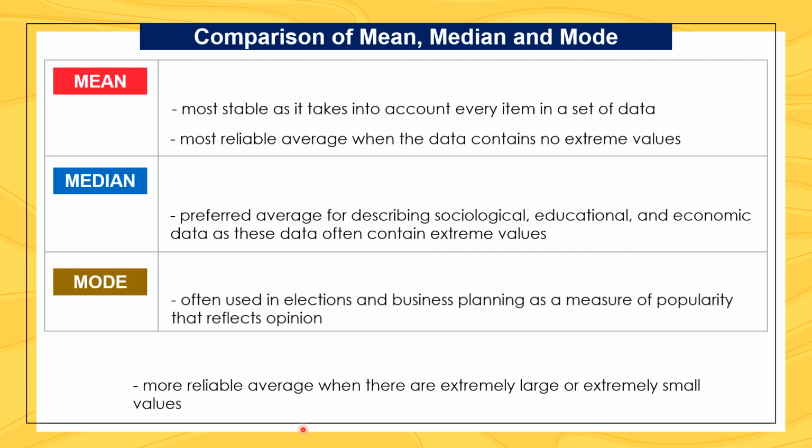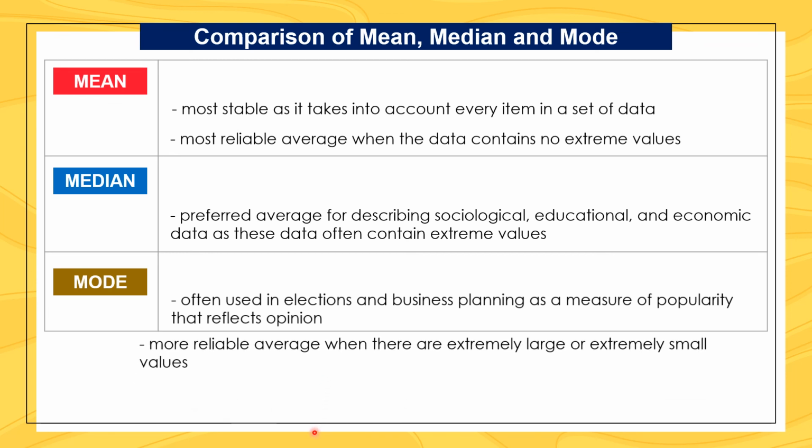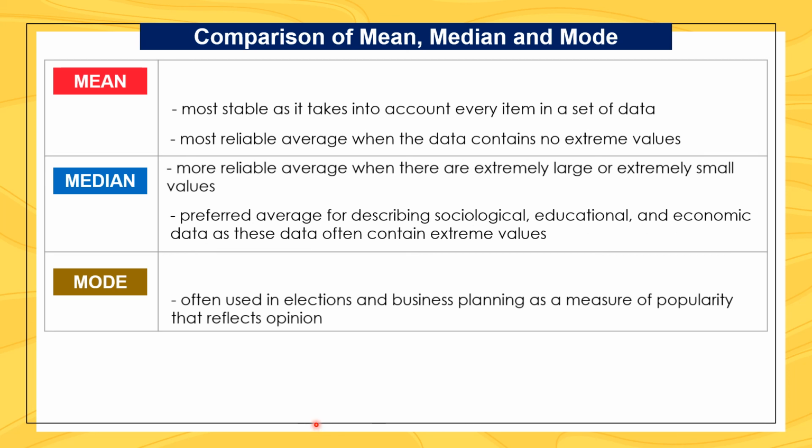What about this one? Most reliable average when there are extremely large or extremely small values. So you can see we got here extremely large and extremely small values. This is for, of course, the median. Okay. What about this one? Simplest average and the easiest to obtain.